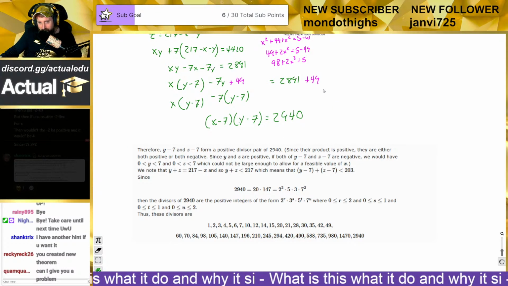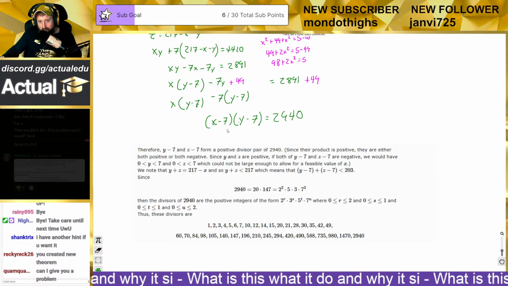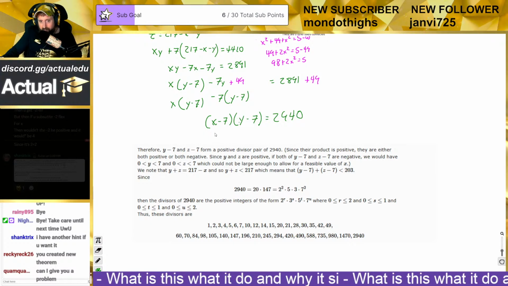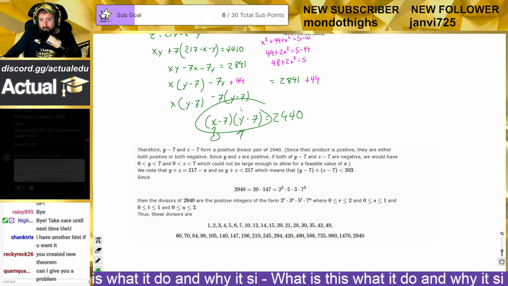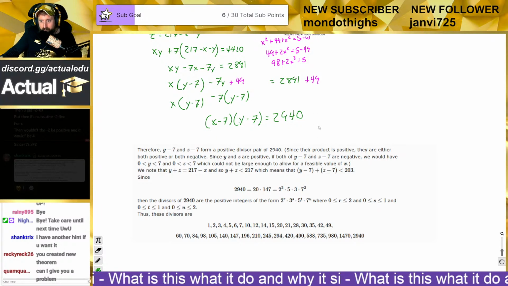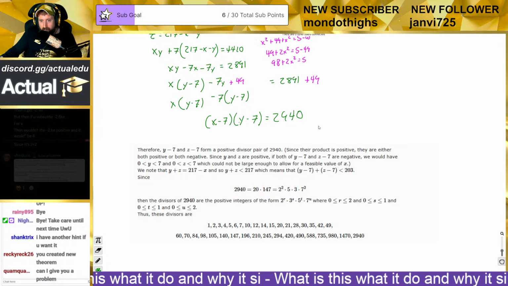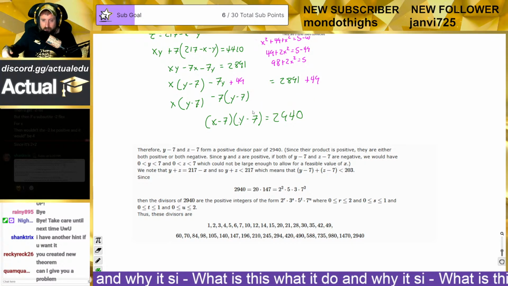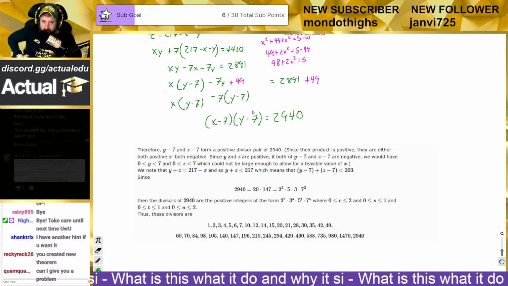They both have to be positive. But even if they were 0, for instance, say this was 0 and this was 0, you'd still only get 49, which doesn't work. Also, there's no way to get up to 2940, right?